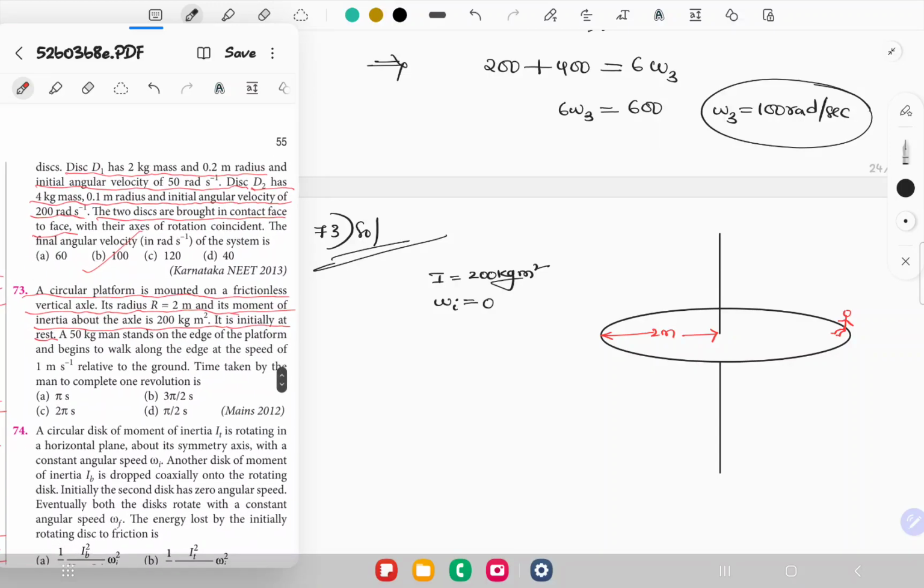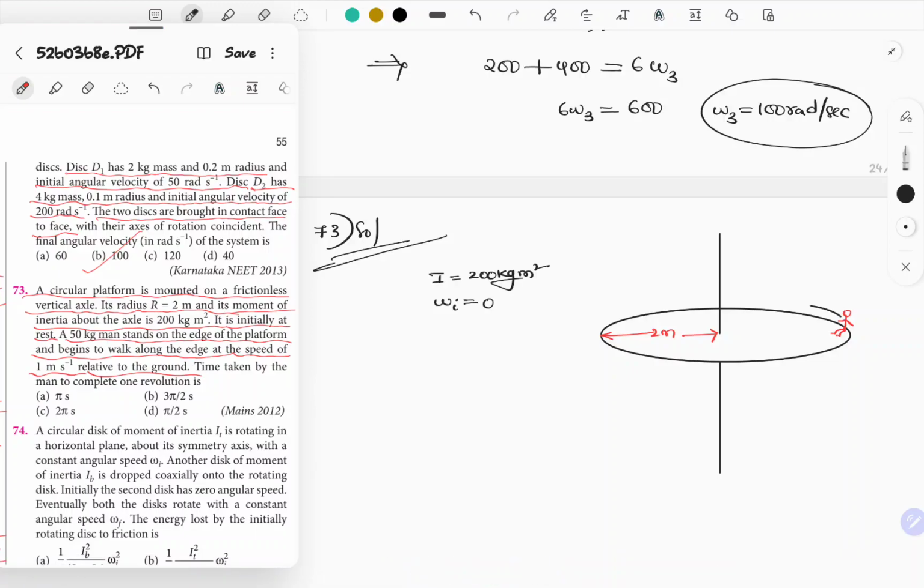Next, a 50 kg man stands on the edge of the platform and begins to walk along the edge at a speed of 1 meter per second relative to the ground.